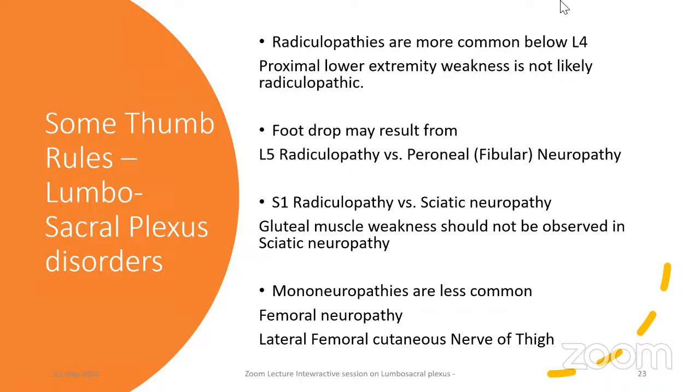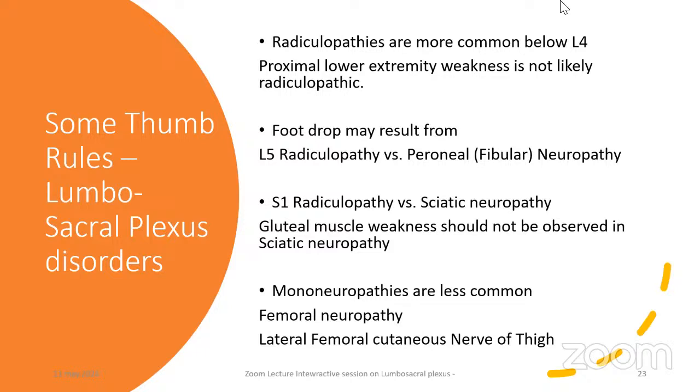The foot drop may result from two causes. Though there are other causes, importantly, L5 radiculopathy you have to differentiate from peripheral neuropathy. The other cause for foot drop could be ALS. ALS also can cause foot drop. And similarly, you have to differentiate S1 radiculopathy from sciatic neuropathy.